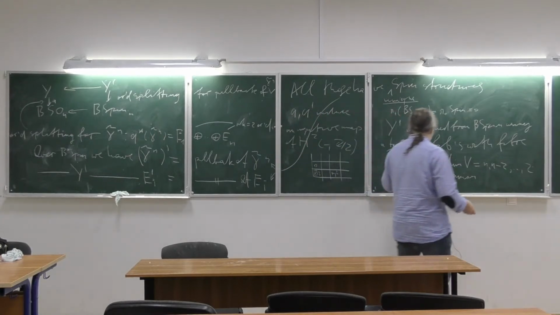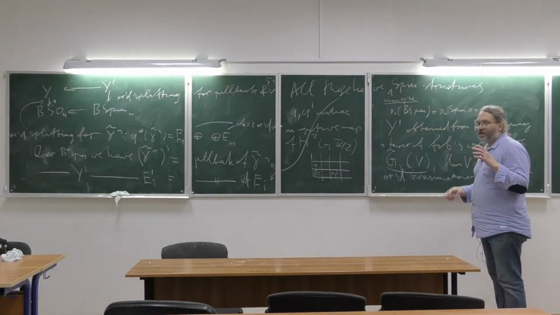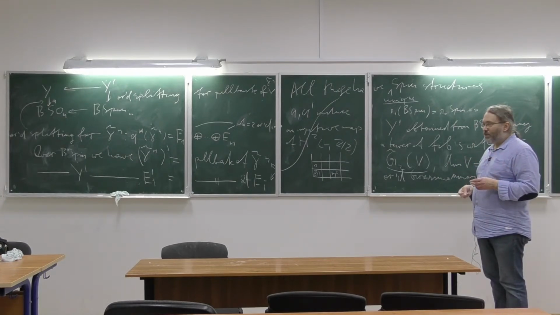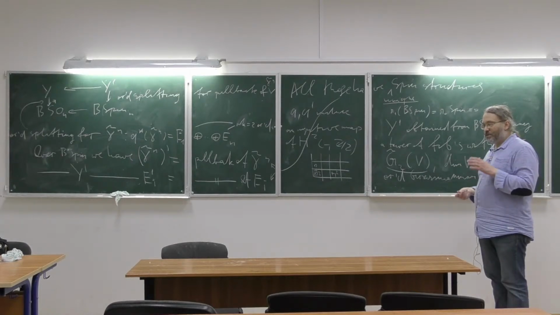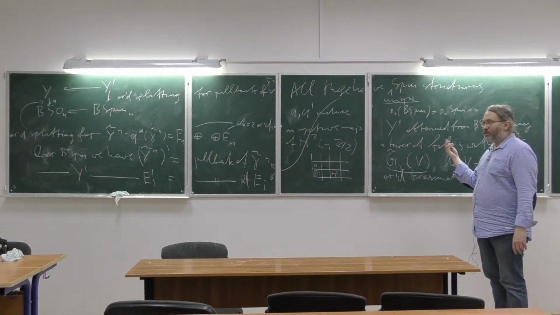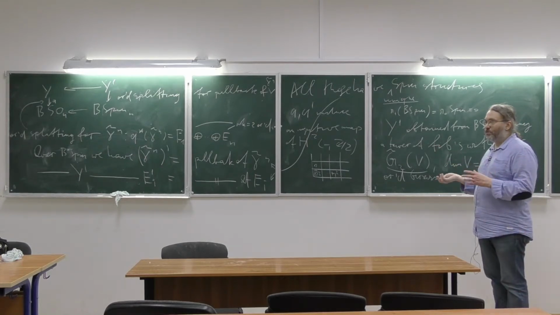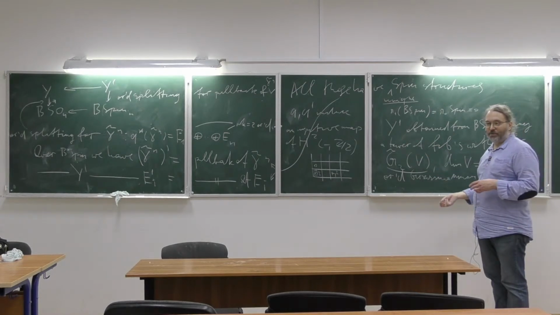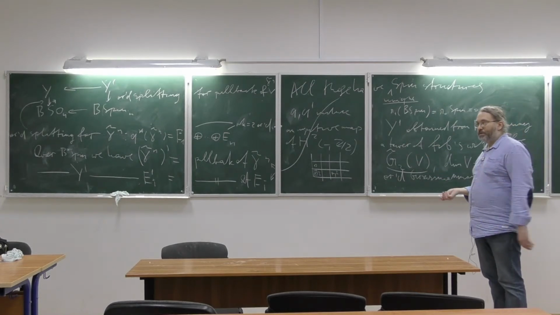Okay. Now inside this gamma prime, I take the bundle of oriented two planes, and then this allows me to split off a rank 2 summand when I pull back the vector bundle. Then I repeat the procedure.